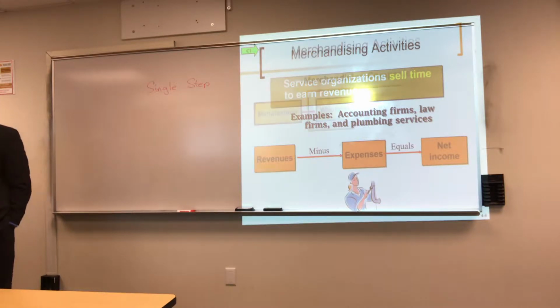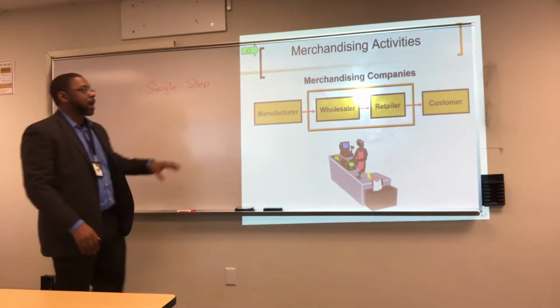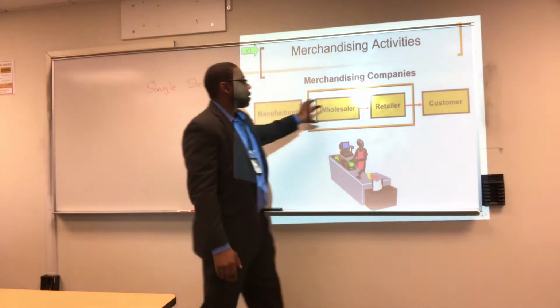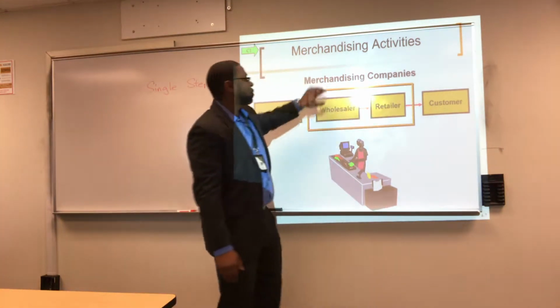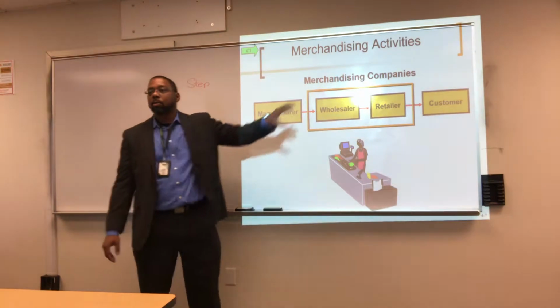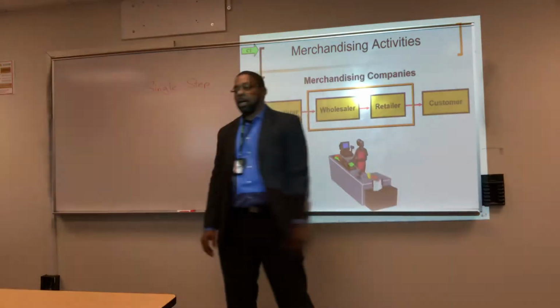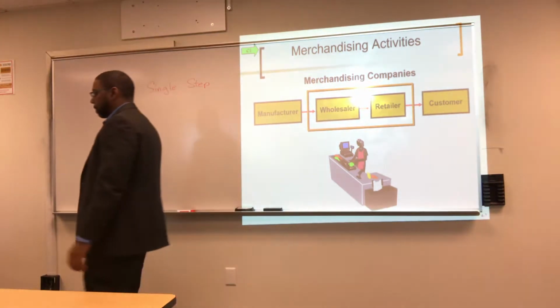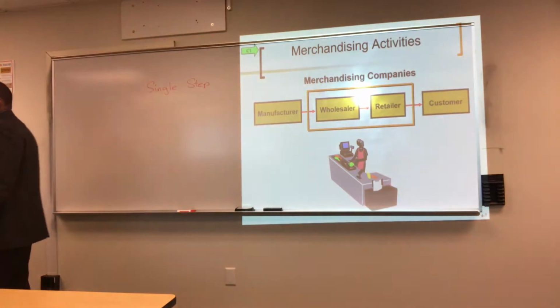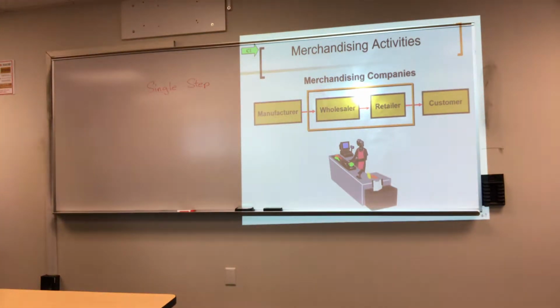Whether you're a manufacturer and you create product and sell it to the customer, or you're the merchandiser and you purchase product from a manufacturer and sell it to a customer, you have product going through your company. So now we're going to discuss how we deal with companies that have product rolling through their company.